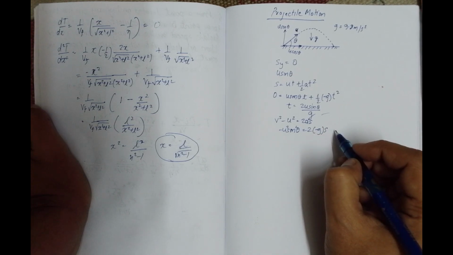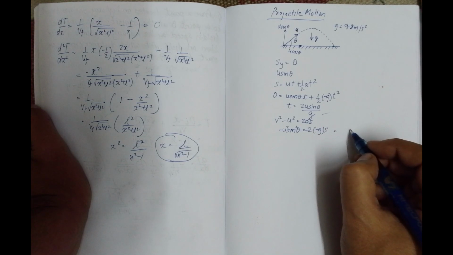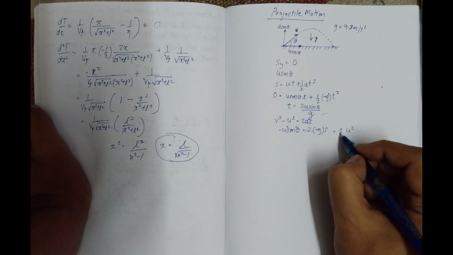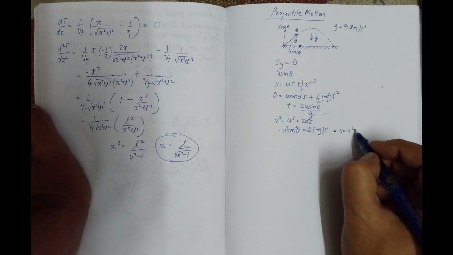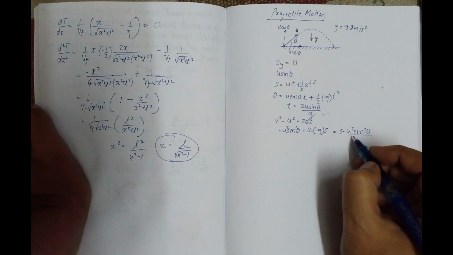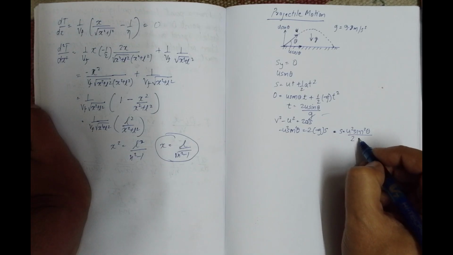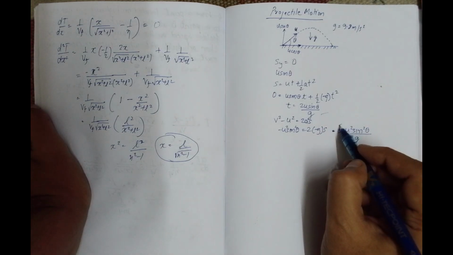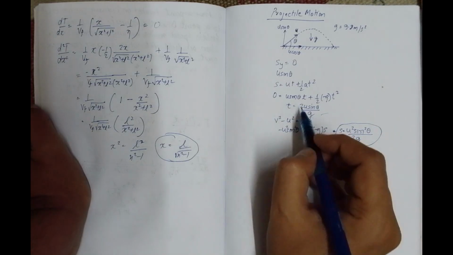So s will be equal to u sin square theta by 2g.